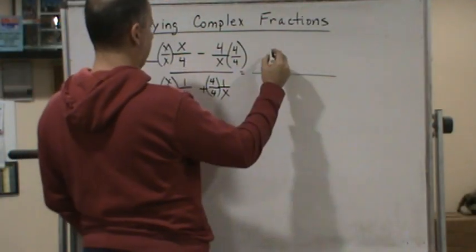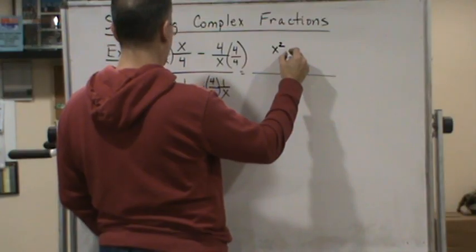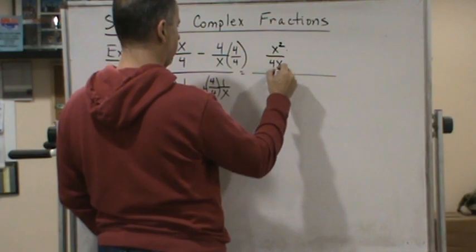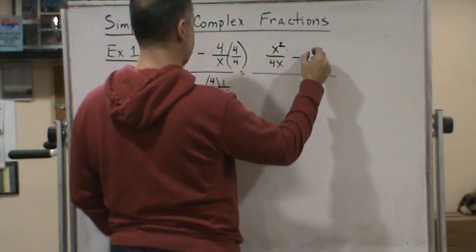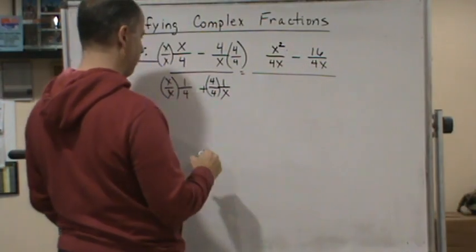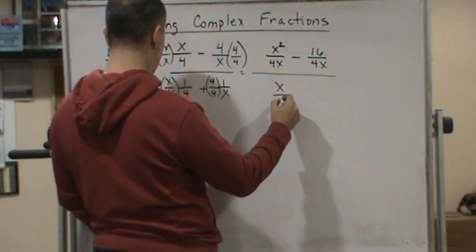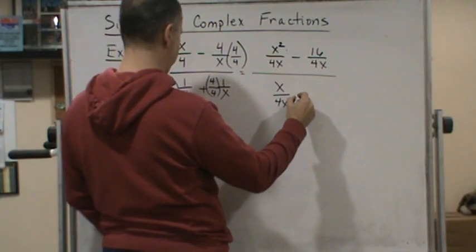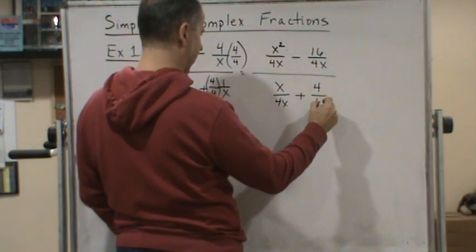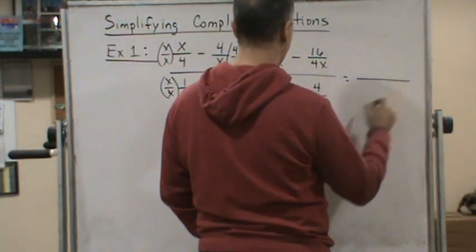I get x squared over 4x minus 16 over 4x on the top, and on the bottom I get x over 4x plus 4 over 4x, and then if I combine them, I get what?